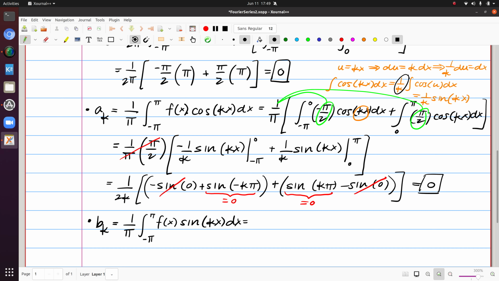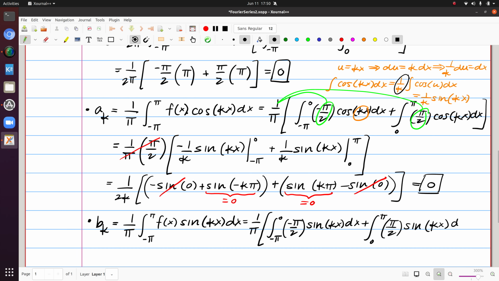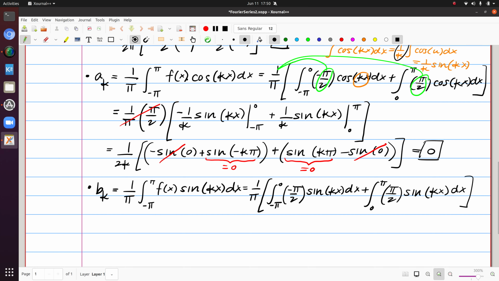So much like I did above, because of the piecewise nature of f of x, we split this up as an integral from minus pi to 0, in which case f of x is negative pi over 2, and then add that to an integral from 0 to pi, in which case f of x is positive pi over 2. And do some similar things from before.